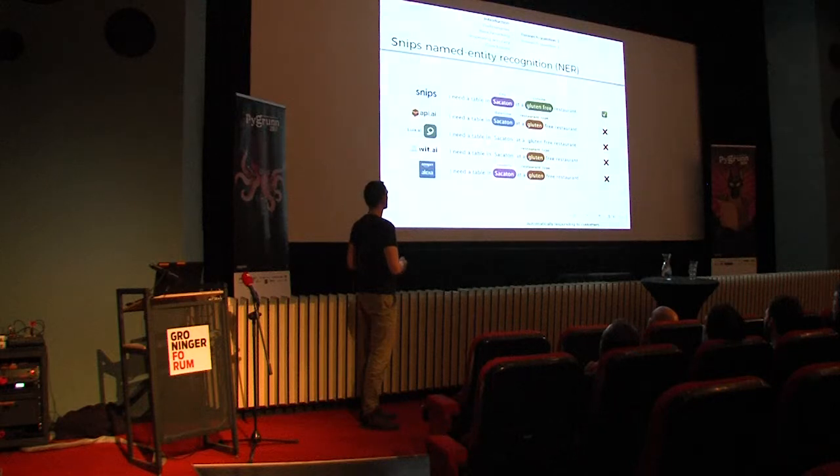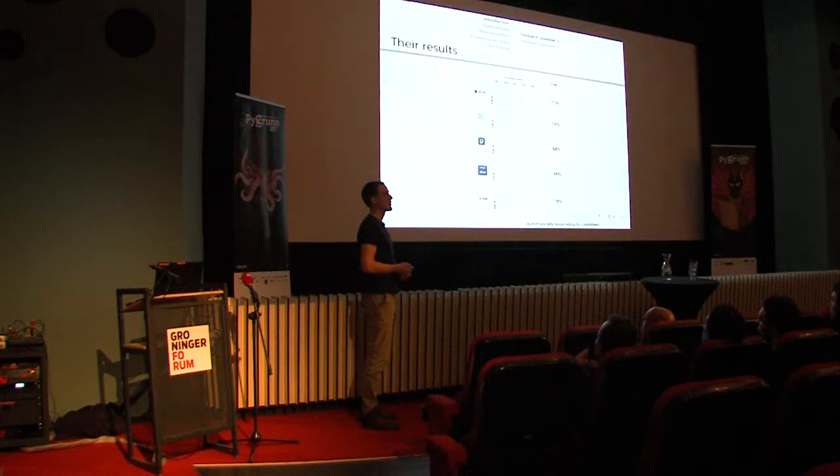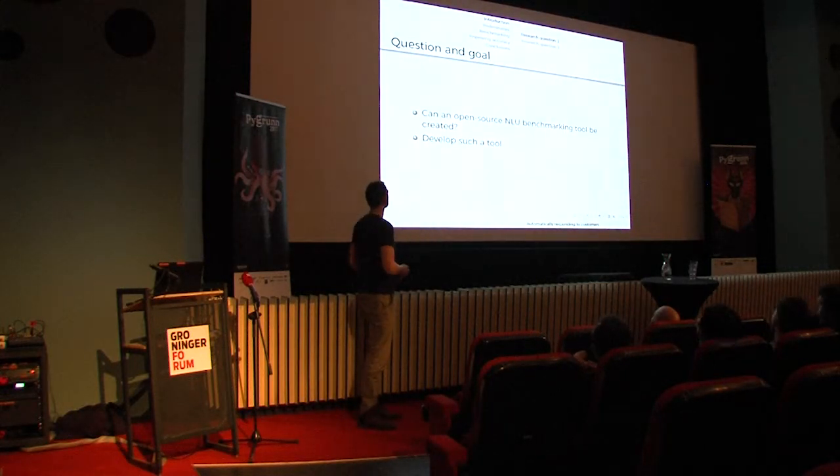And basically, Snips said in their example, oh, everybody was doing it wrong, and only we were correct. Yeah, okay, I doubt that. And their results were 80% for Snips, and the others all very poor. And basically, if you really dived into what they actually were doing, they were using a test set which was a very good fit for the algorithm they had developed. So it was not working in general.